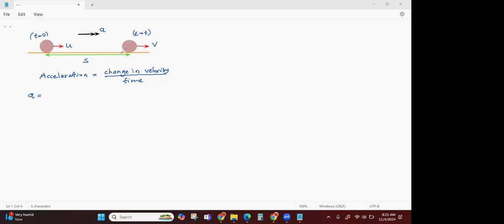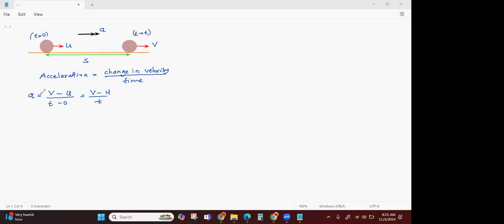The change in velocity is final velocity minus initial velocity. So final velocity is V minus initial velocity is U, over the time taken is T minus 0. So then we can write that as V minus U divided by T. Right? So A equals V minus U divided by T.